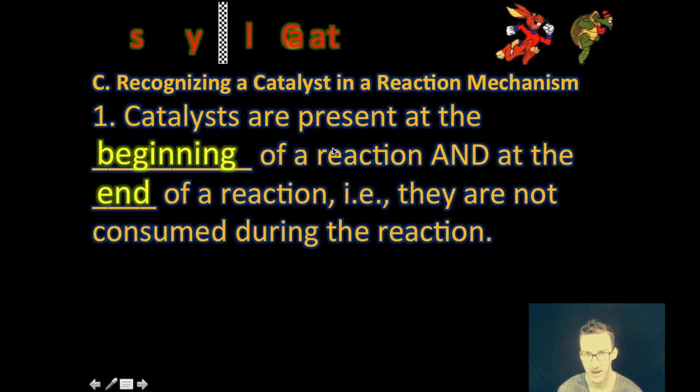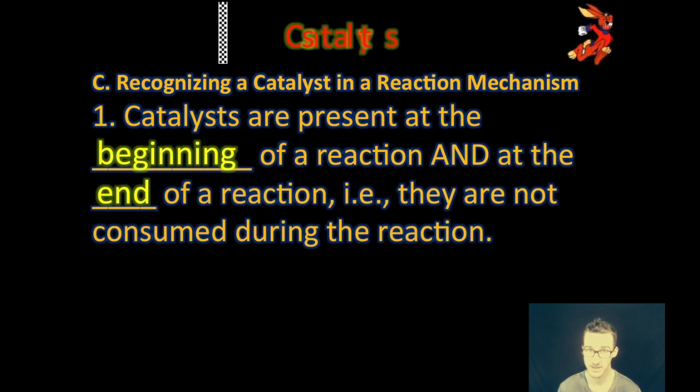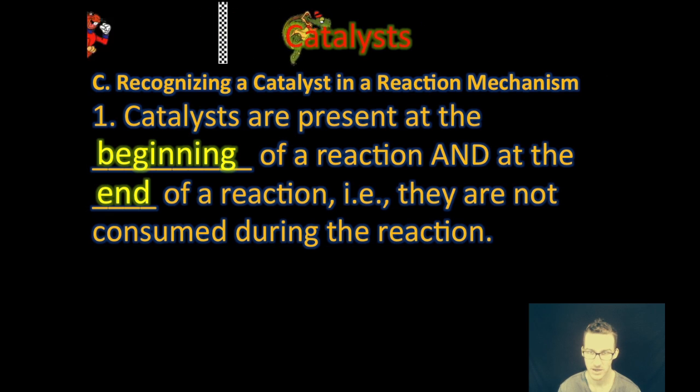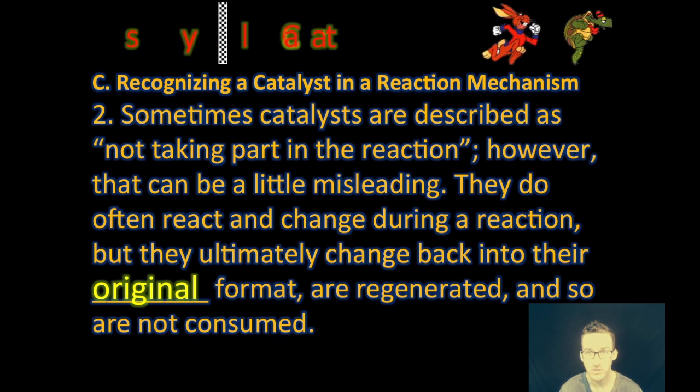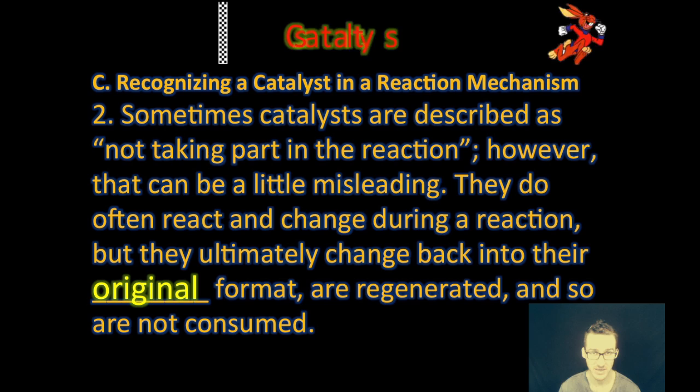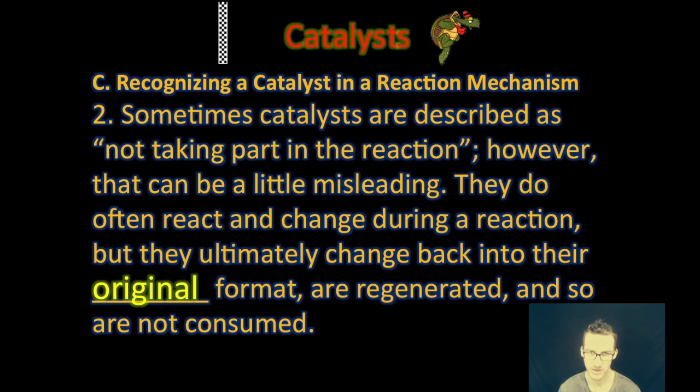Now, how do we recognize this in a reaction mechanism? Catalysts are going to be present at the beginning of a reaction and at the end of a reaction. In other words, they are not consumed during the reaction. Now, it can be somewhat misleading, though, to describe a catalyst as not taking part in the reaction.